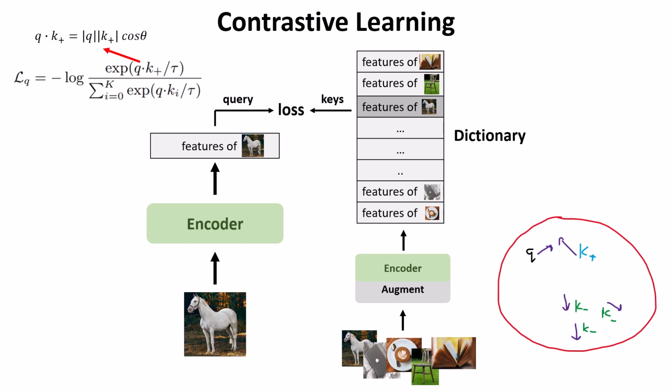So that's a good thing, as I have more negative keys in our dictionary, but the thing is that the keys from this dictionary are coming from this batch of images.